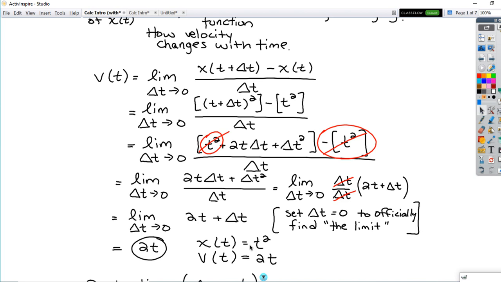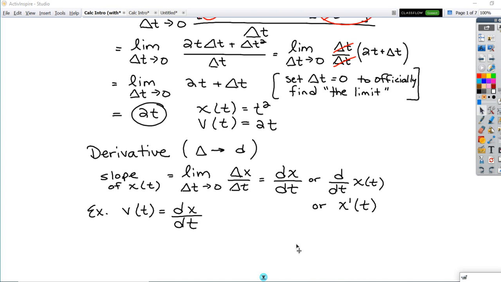What is the slope of the t squared function at 3 seconds? I plug in 3 here. 2 times 3 is 6. So the slope is 6. So this object is moving with a velocity of 6 meters per second after 3 seconds. Why? Because the velocity increases at a rate of 2 meters per second every second.